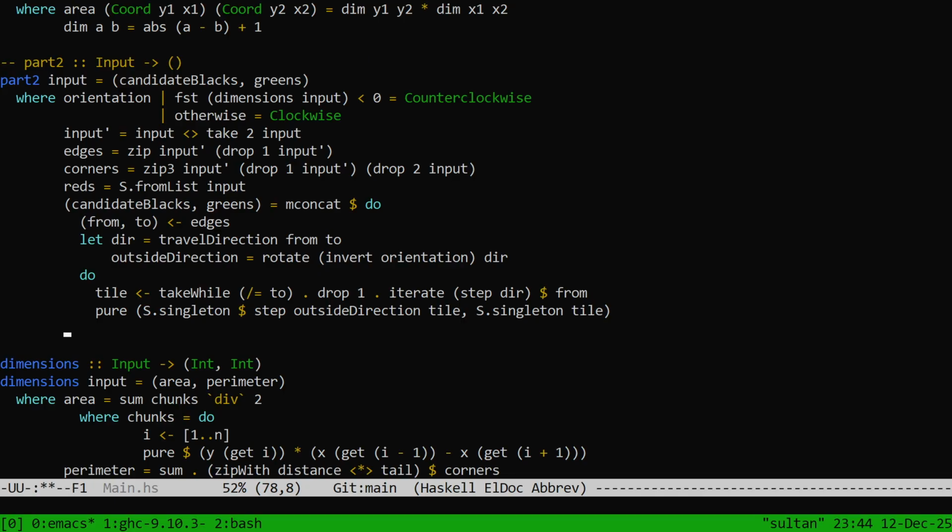So now I just need to do a similar kind of thing for triples of reds. So I can't call it candidate blacks. I mean, more candidate blacks. Now I don't need to mark the reds because I already have those.